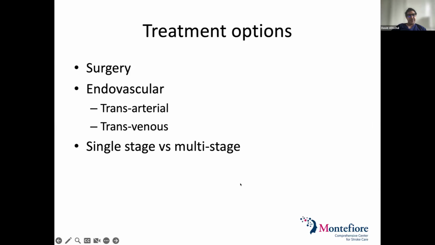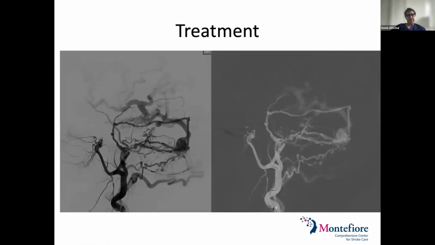All right. So again, there were obviously a number of different treatment options we were considering: surgical versus endovascular, and if endovascular, whether to do it transarterial or transvenous, in a single or multi-stage fashion. This was the major arterial inflow to the dural part.